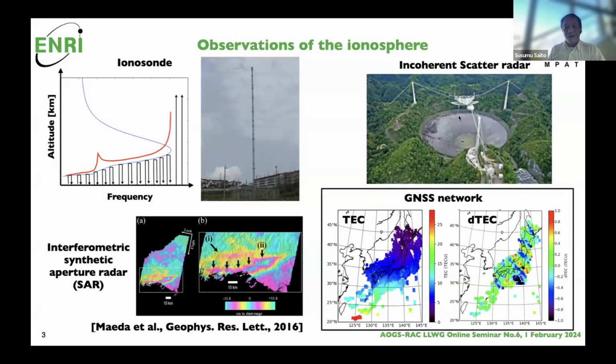What I'm going to focus on today is the measurement by GNSS network. We can derive what we call total electron content, and its variation gives us very useful information.